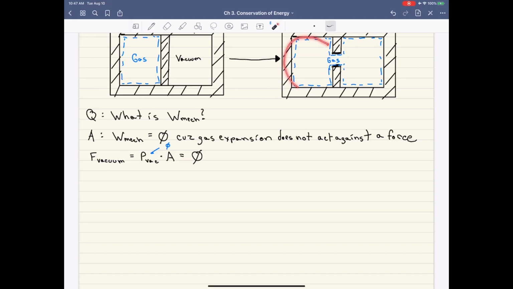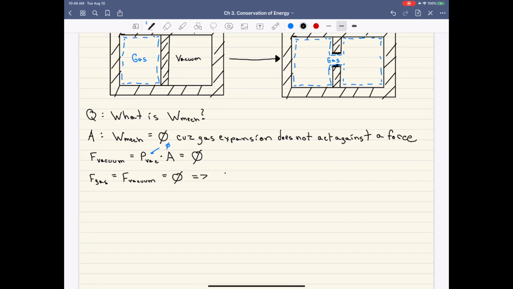When this gas is expanding, the force exerted by the gas has to be acting against the force of the vacuum, right? In order for it to expand. But like we just said, the force of the vacuum is equal to 0. And so from a force balance argument, the force exerted by the gas as it's expanding also has to be equal to 0.